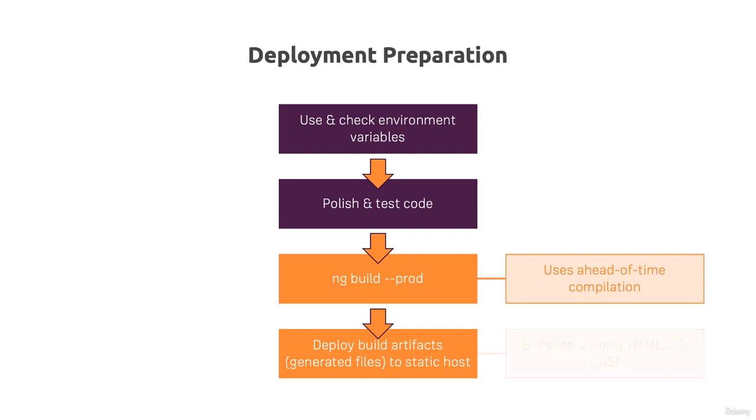Why? Because you only need HTML, JavaScript, and CSS, because an Angular app is made up of just that. Of course, you can have some backend code. For example, we are using Firebase in this course. This could be your own backend, which you wrote with your own language, and you should definitely check out my MEAN course regarding that, because there I do show you how to build your own backend with Node.js as well.